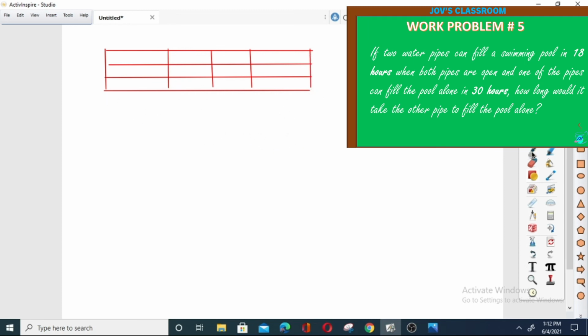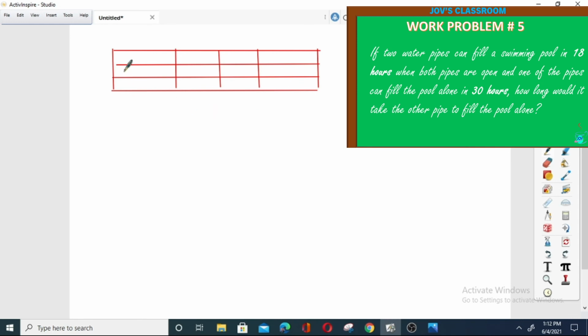All right, so let's say we have pipe 1 and then we have pipe 2. So this is the rate and this is the time and this is the work.